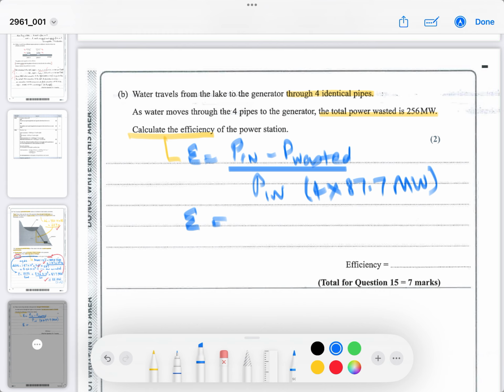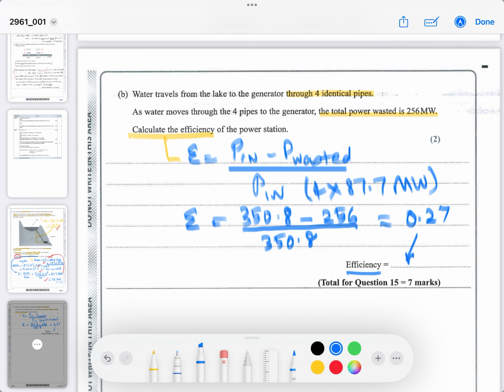So 4 times 87.7 or whatever it was is going to give us 350.8. That's the power in, minus the 256, which they said was wasted, also in megawatts. Divide that by the power in, which was 350.8, and that gives you an efficiency of 0.27 or 27%.